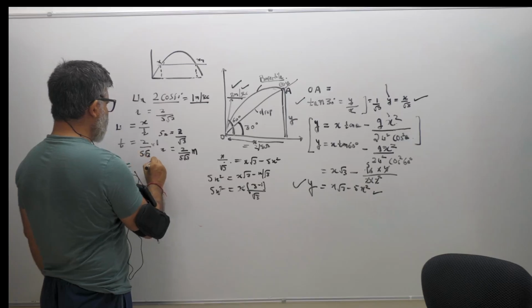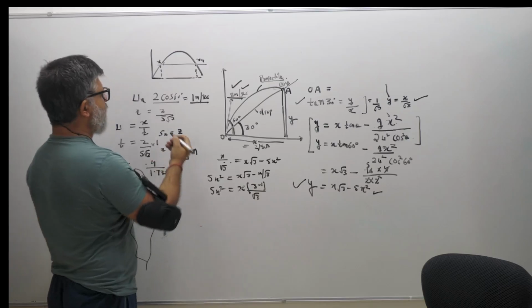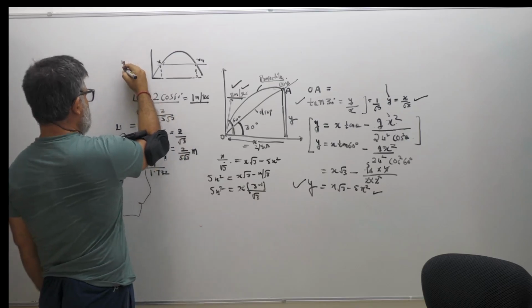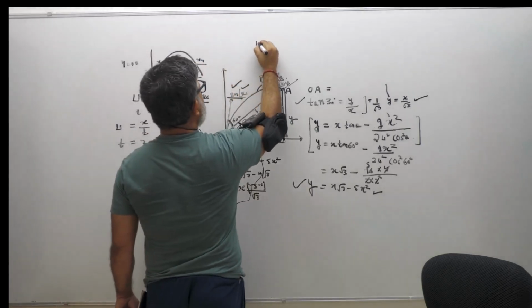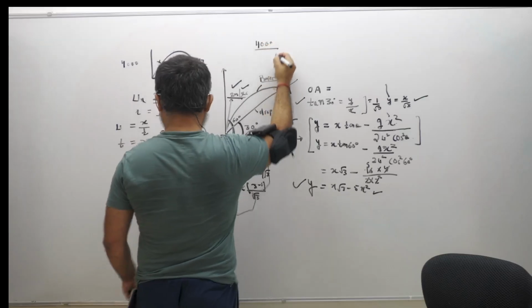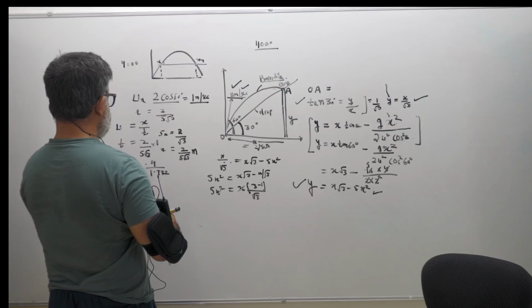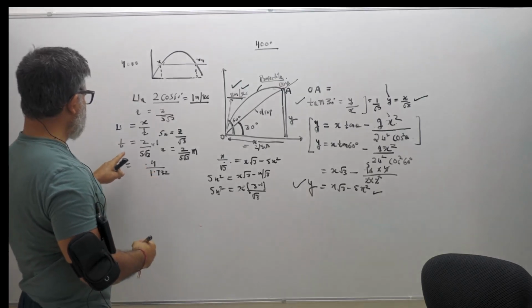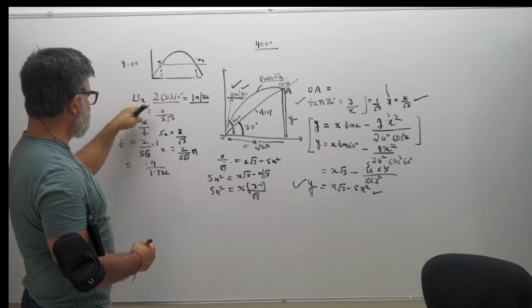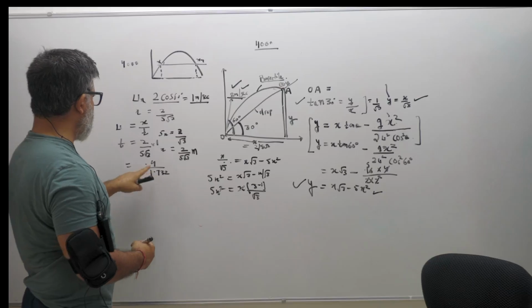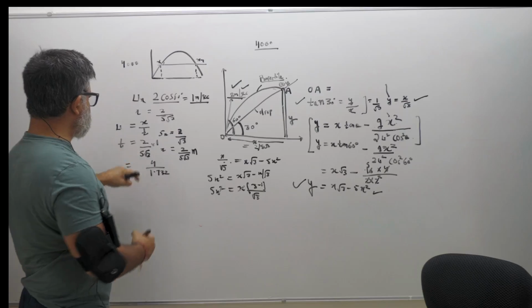So I get 0.4 divided by 1.732. So let's divide. Dividing the distance, which is 2 by 5 root 3, by 1 has become 0.4.